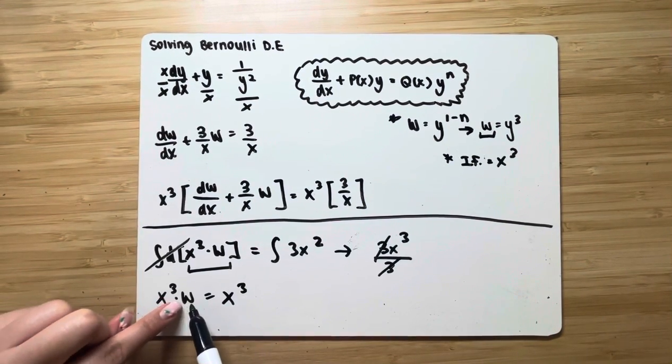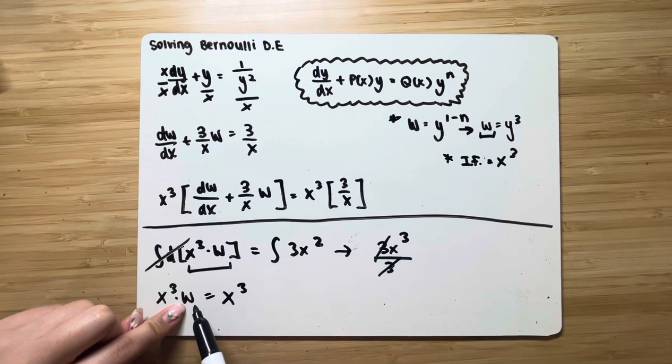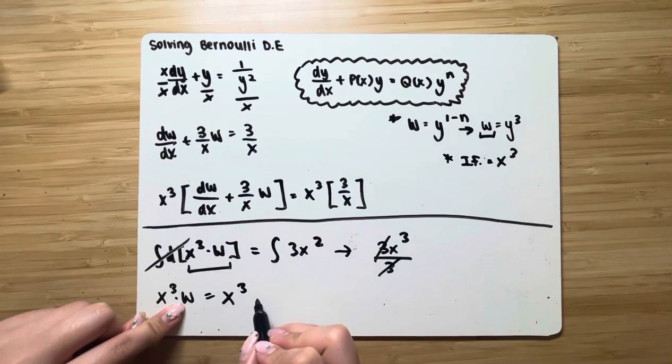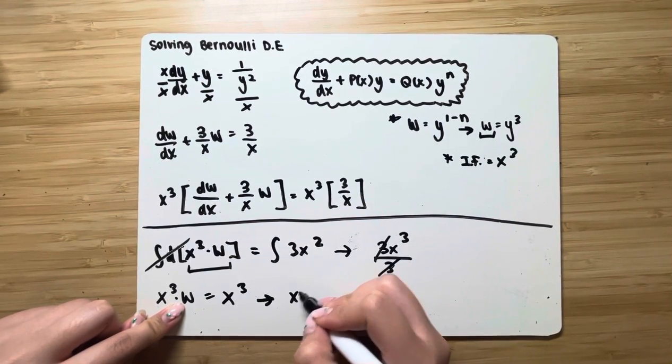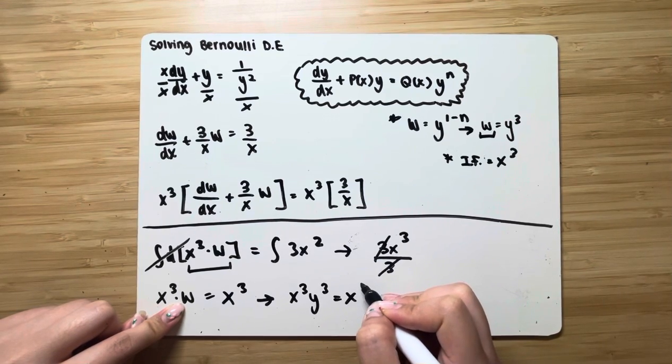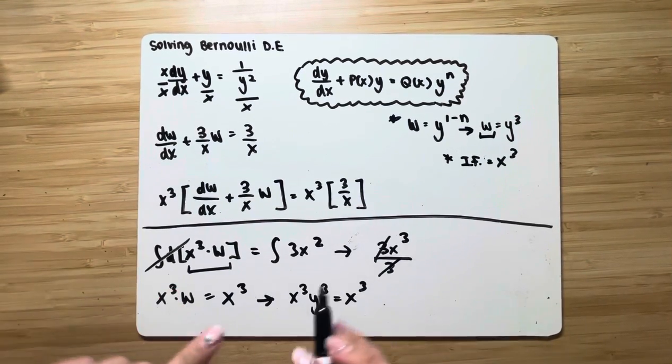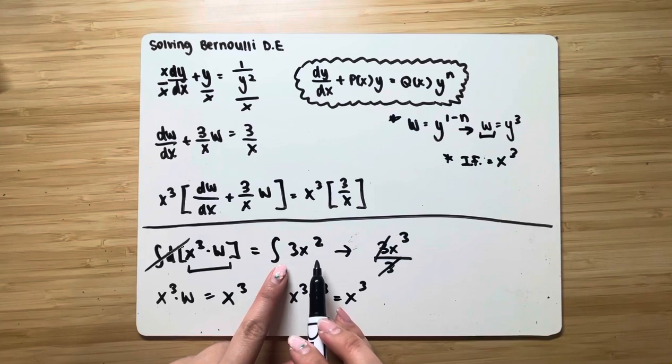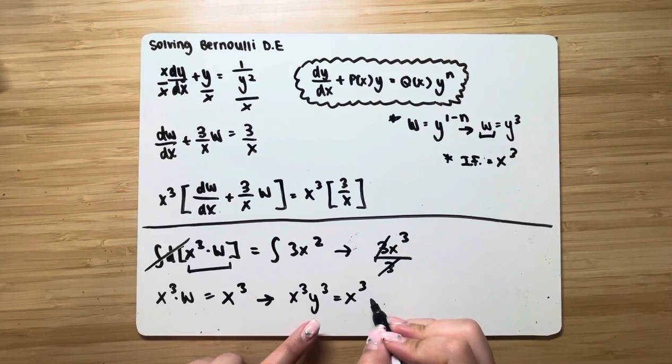With the w value, you want to substitute out the w for the original value, which is y cubed. So you are going to have x cubed y cubed equals x cubed. And then when you find the integral of this, you're going to add a constant, add c.